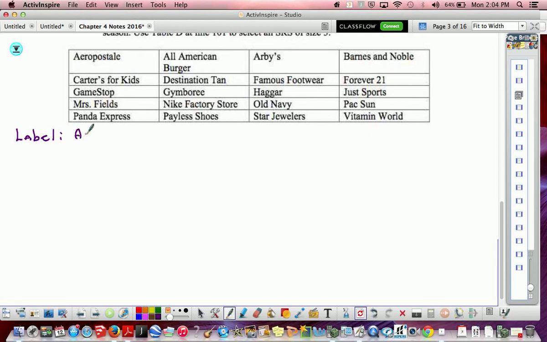So, assign each store, because that's what we're talking about, so it might be a person or an item or whatever it is, a 2-digit number from 01 to, well, how many stores do I actually have?